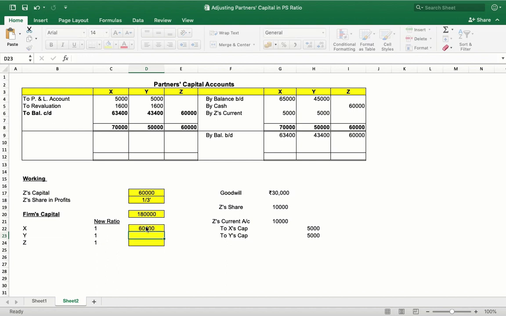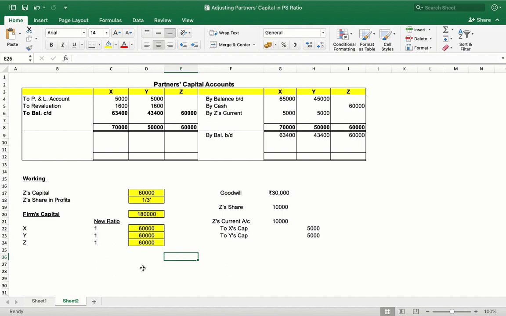So 60,000, and 60,000 for Y also and 60,000 for Z also. So this is the firm's capital allocated in the new profit sharing ratio. It means the capital of partners should now be 60,000, 60,000 and 60,000.